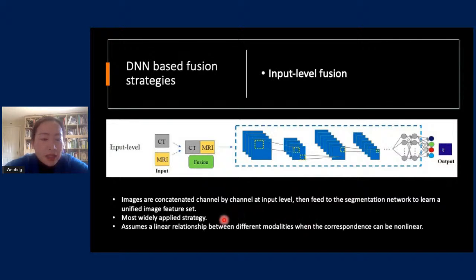This assumes a linear relationship between different modalities, when there may be some correspondence between these modalities that is nonlinear. However, this is a widely applied strategy. When dealing with multimodal fusion, people simply concatenate these images all together into a single volume for the neural network to learn.